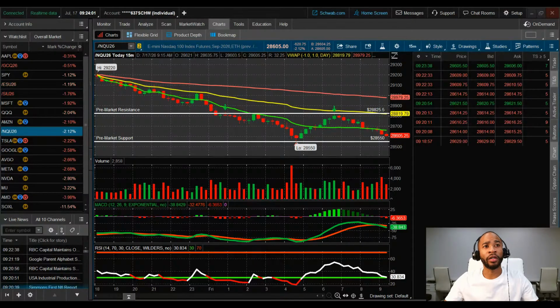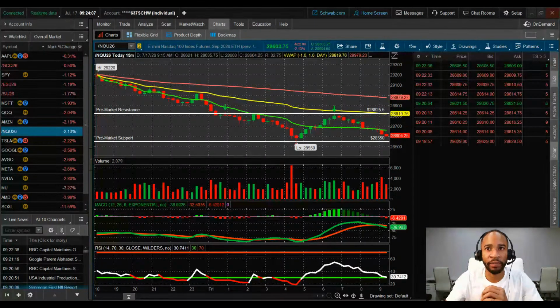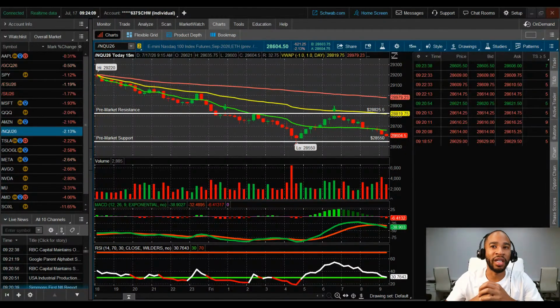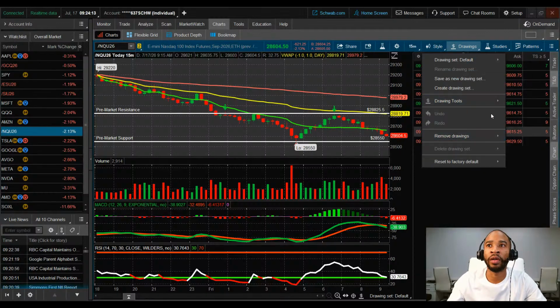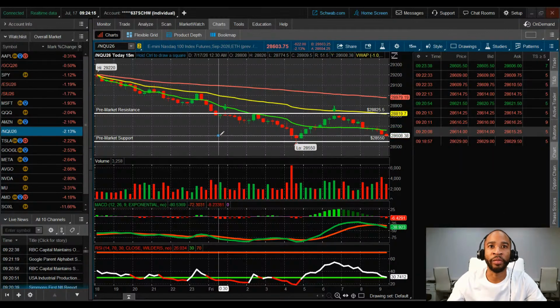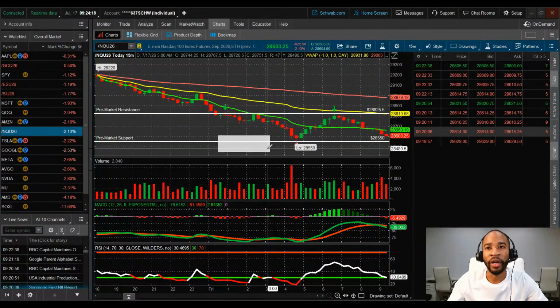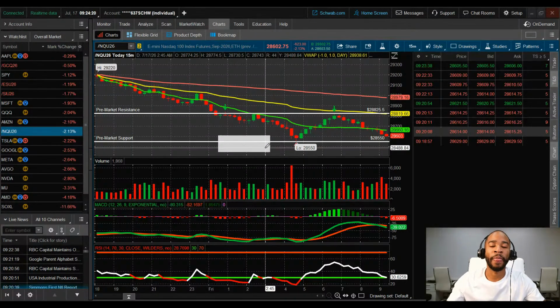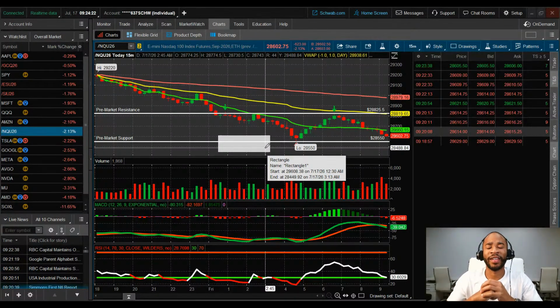You can see if we look towards our left-hand side of the screen, the overall market is bearish. Now, we may have a continuation on the open if we drop below our pre-market support. If we don't drop below our pre-market support, let's pump the brakes and hold off, right?